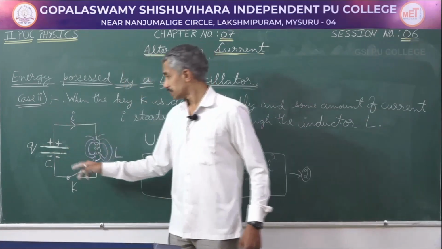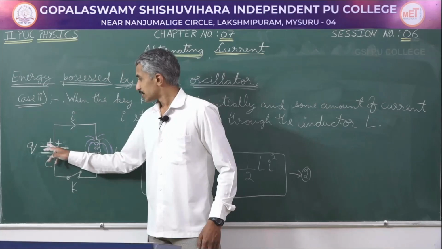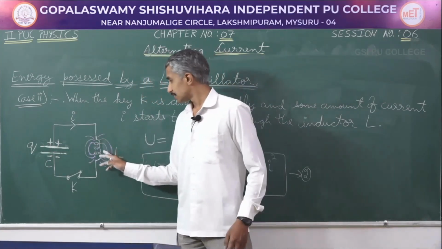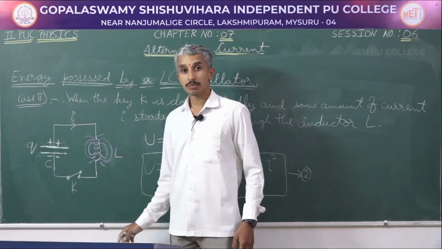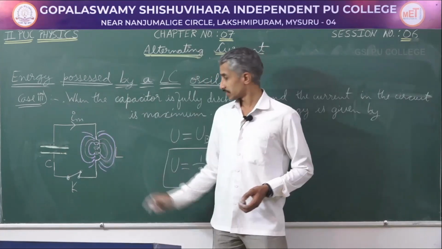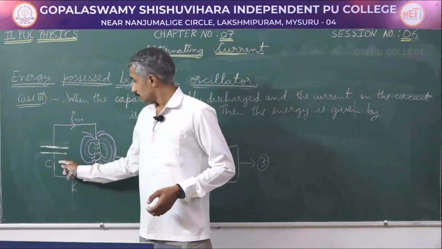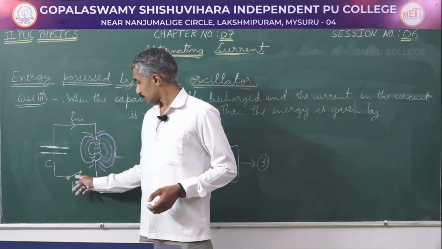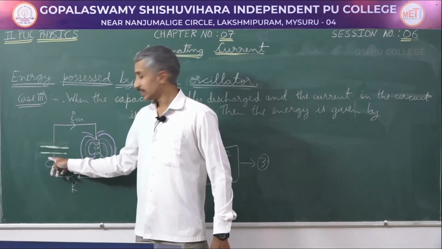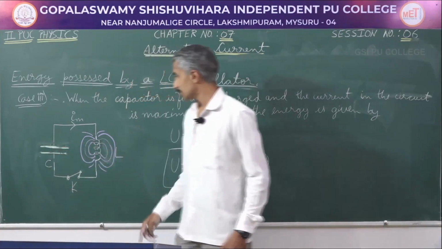Next, let us proceed to case 3. In case 3, what happens? The capacitor would have fully discharged and the current in the inductor would be the maximum. So, let us see what happens in that case. This is case 3, where after closing the key K, after some time the capacitor is fully discharged.